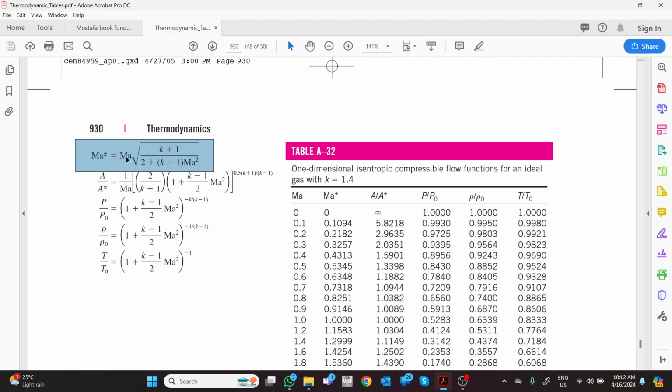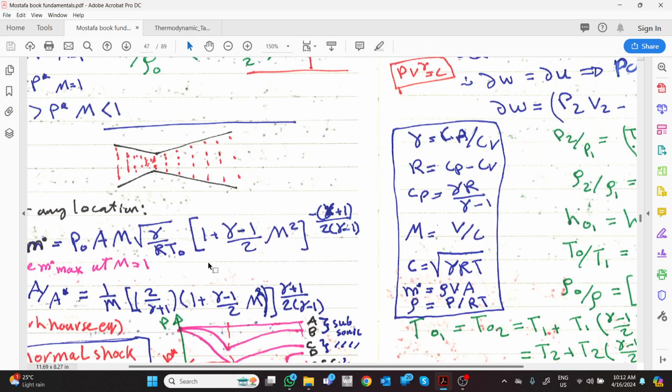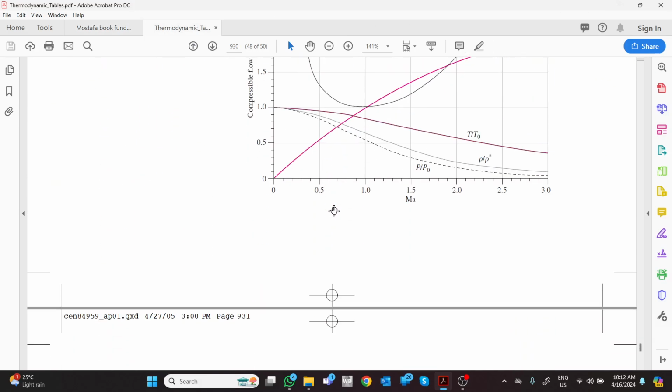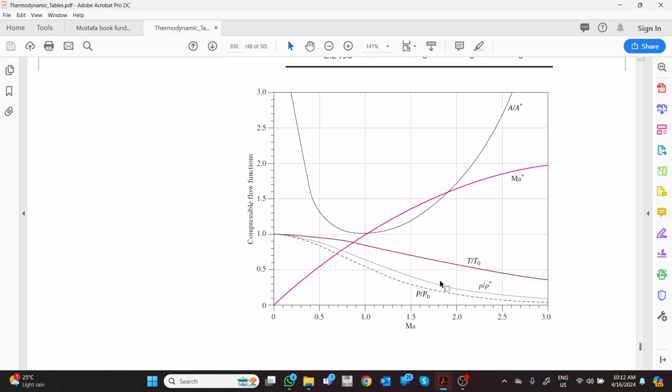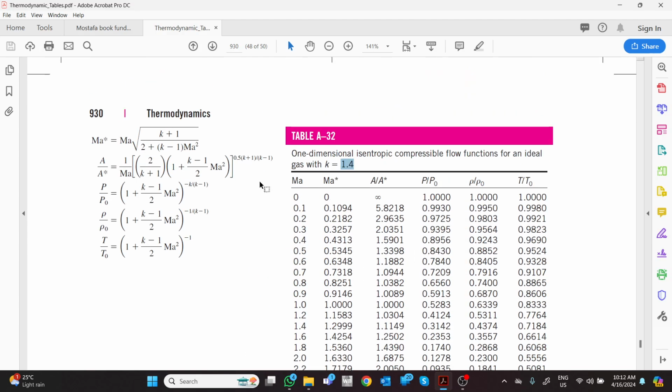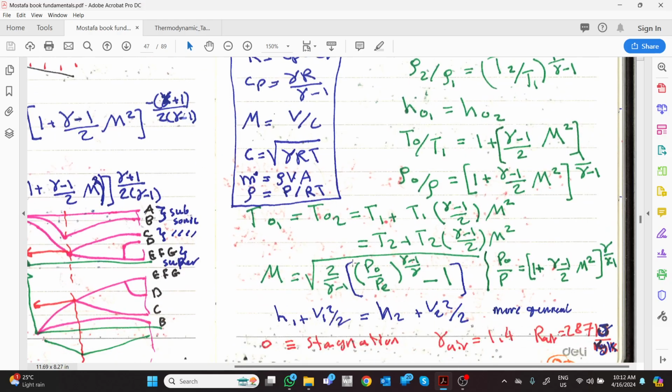But we need the Mach number itself because the equation is in terms of the Mach number. By the way, in this one, K is gamma. In some textbooks it is K, in some textbooks it is gamma. It's 1.4. This means it's for gases, for air. If it is not air and gamma is different, you need to do trial and error. And also, of course, you can use this if you have a complicated example and you need to take a Mach number.